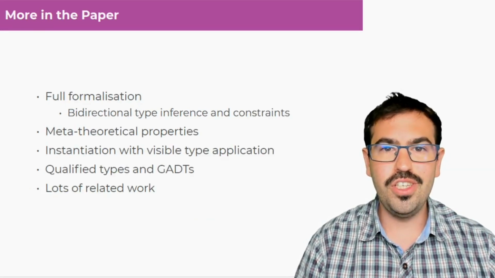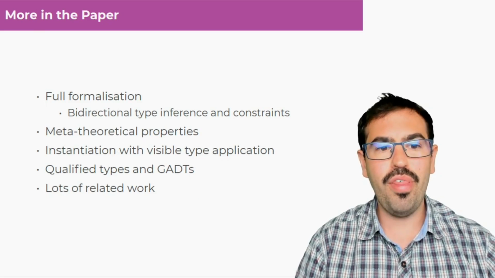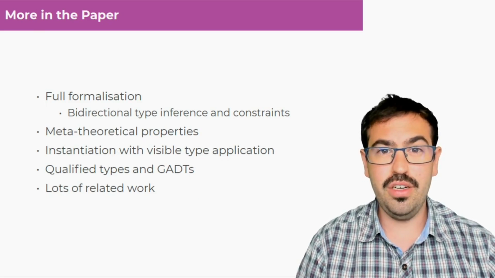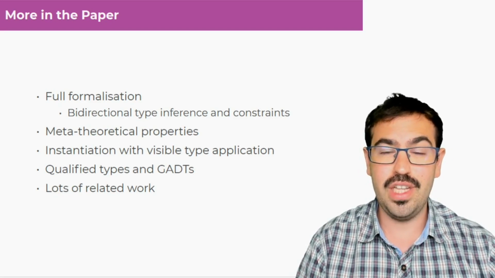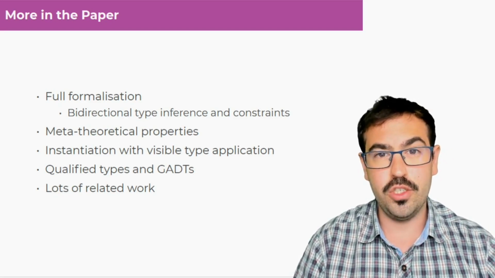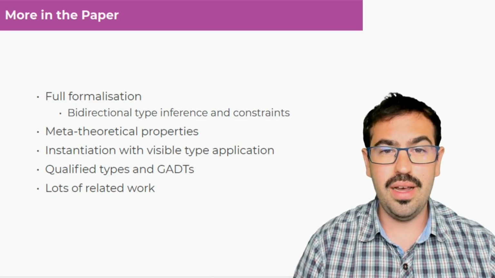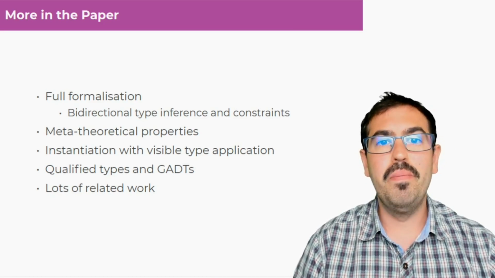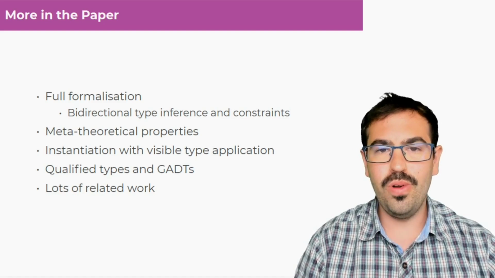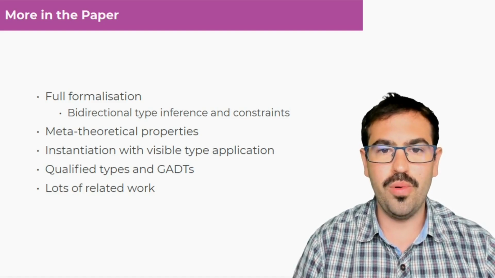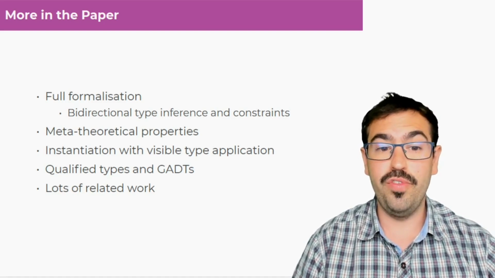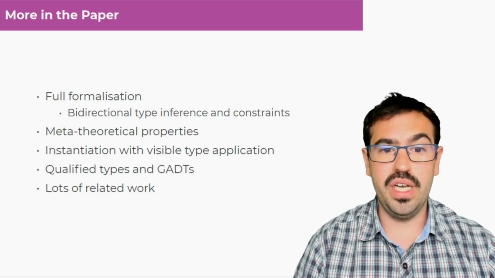Of course, I encourage you to read the paper. There is more there. You have the full formalization, and actually we think it's the first time that bidirectional type inference and constraint solving had been written down in a paper. This is what was inside GHC, but there was nothing written about how you integrate all of this together. And on top of that, we built Quick Look impredicativity.